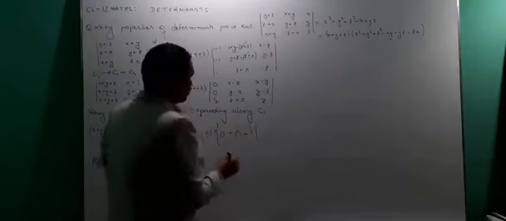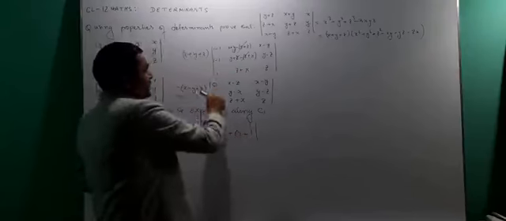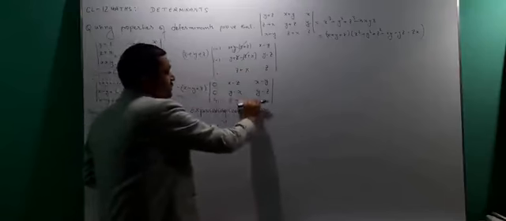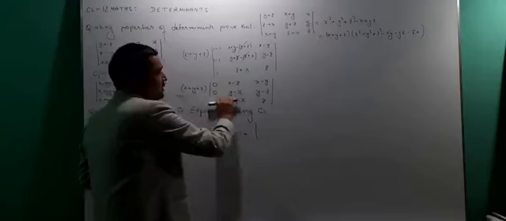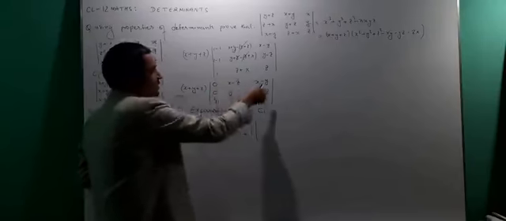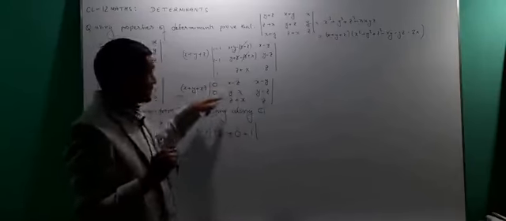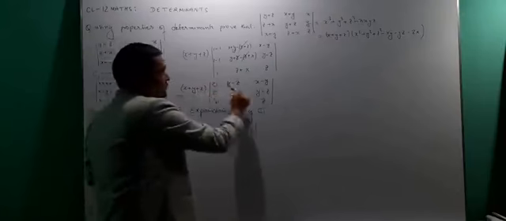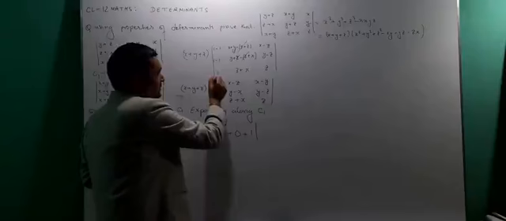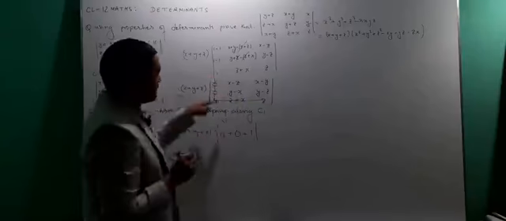Now get the minor of this element. Third row, first column. What are left? That is the minor. You can cancel the row and column also. That means what are there?